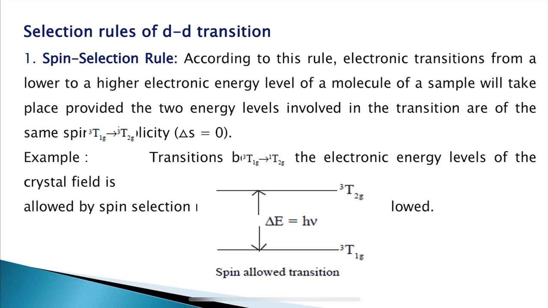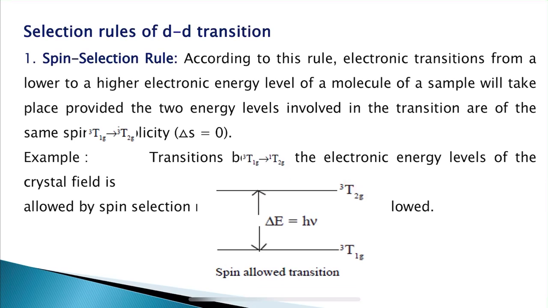The transitions between the electronic energy levels of the crystal field are allowed by the spin selection rule for 3T1g to 3T2g, whereas 3T1g to 1T2g is not allowed. The transition between 3T1g and 3T2g is allowed because the spin multiplicity is the same, whereas 3T1g to 1T2g is forbidden. That transition is not possible and will not occur. So this is what is called the spin selection rule.